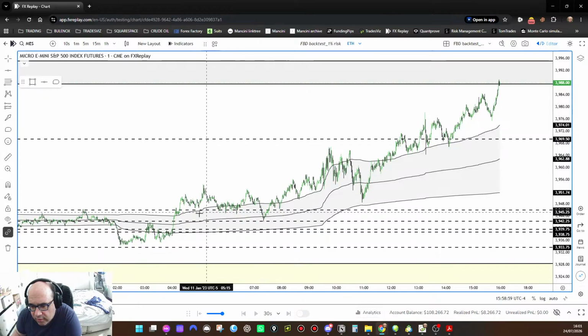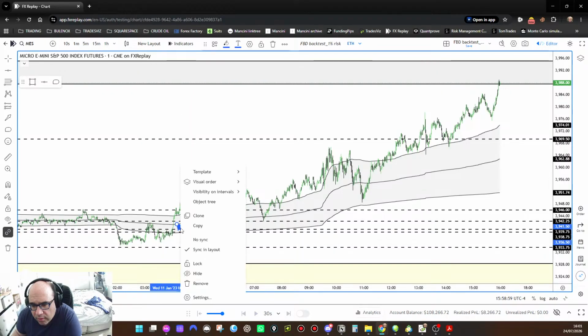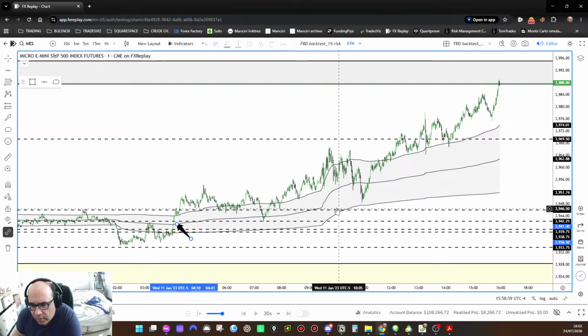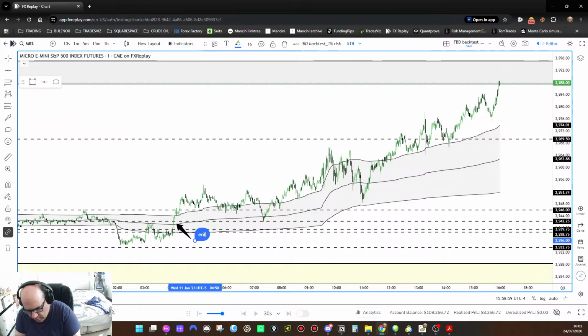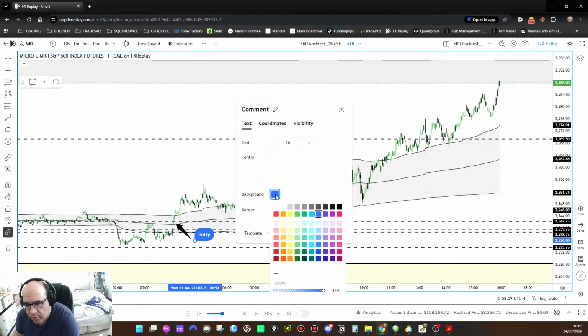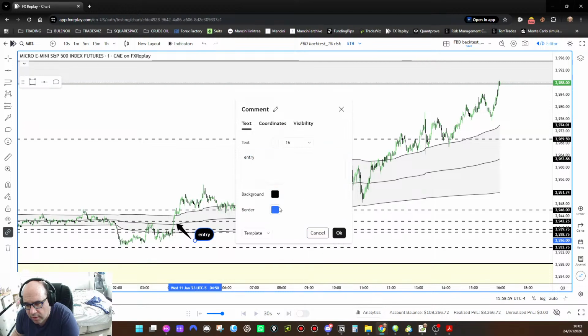That's what I want, and in settings, I want it black. Okay. I'm gonna write a comment as well. I'm gonna say this is entry. Settings as well. Background with black. That's alright. And border also black.